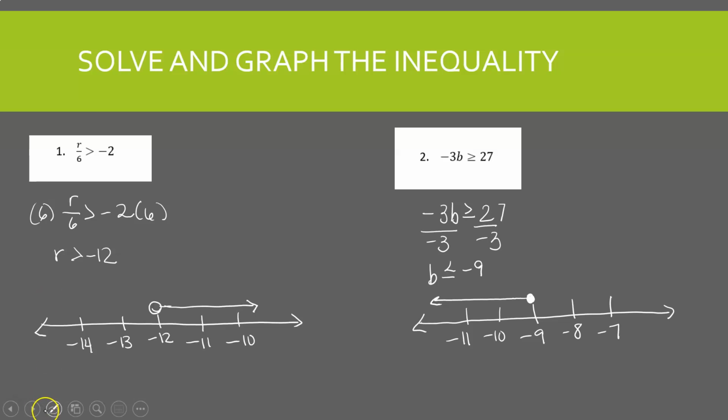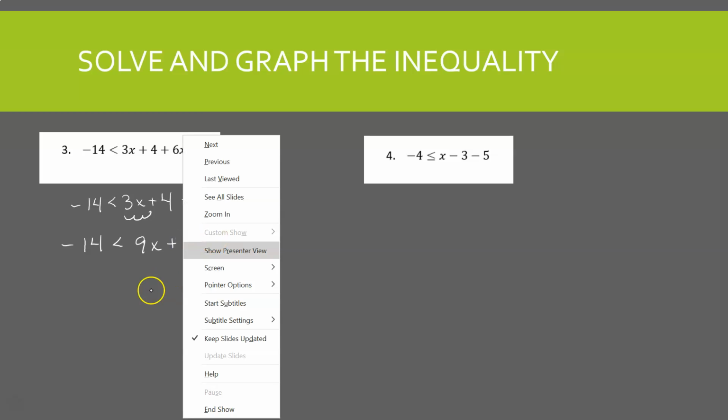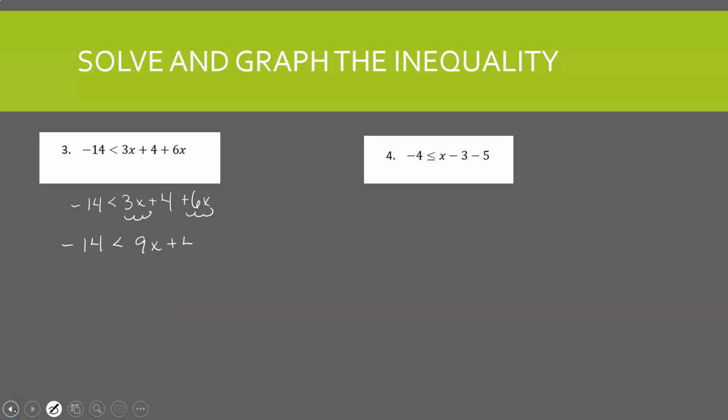Okay, I think we can fit a couple more in here. So we have negative 14 is less than 3x plus 4 plus 6x. We're going to combine these. So I have negative 14 is less than 9x plus 4. When I subtract 4 from both sides, I have negative 18 is less than 9x.